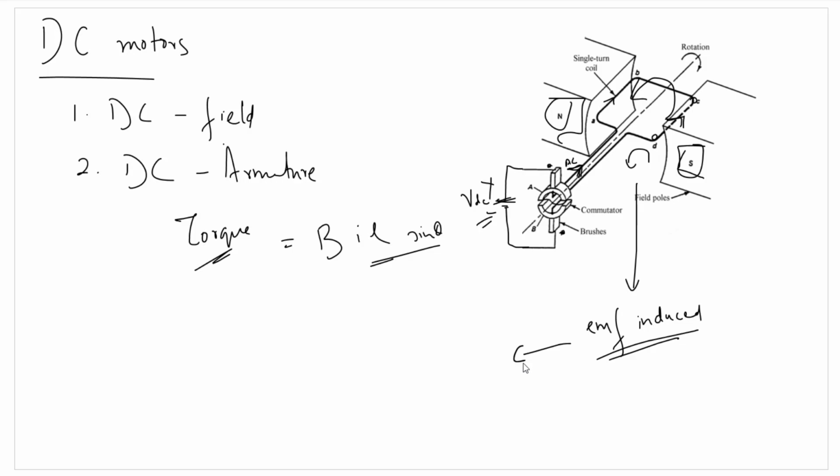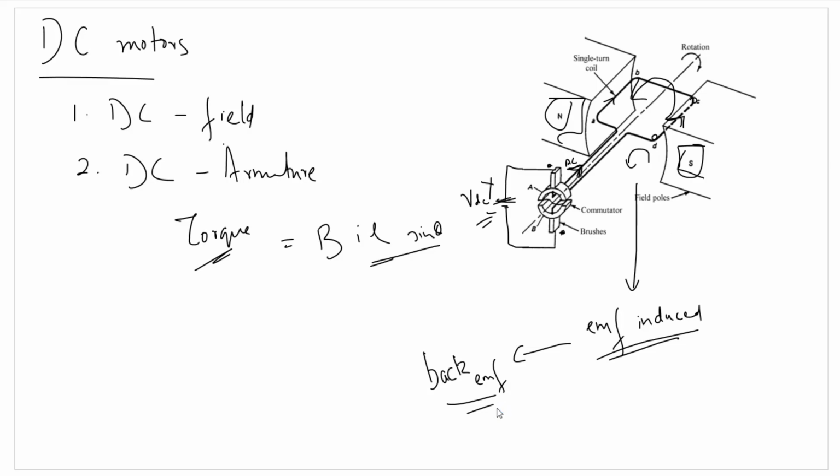So this EMF that opposes the actual armature voltage, that was the actual cause of generation of this EMF in the first instance, is known as the back EMF.